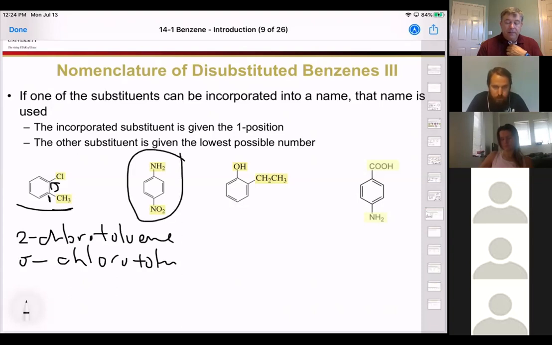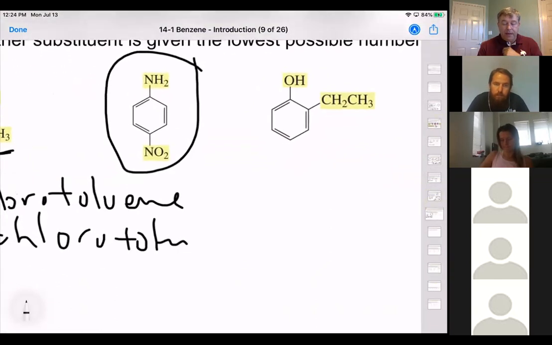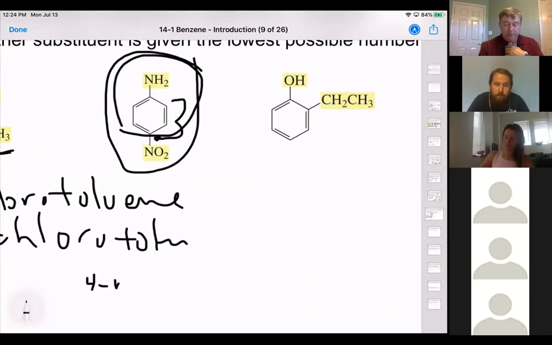Okay, in this group right here, we have an amine group which does change the name, and a nitro group which doesn't change the name. So in that case, we name it for the amine group here, and that would be aniline. And that nitro group is in the 4 position. So we're going to call that 4-nitroaniline right here.